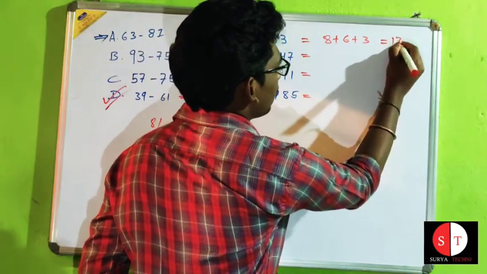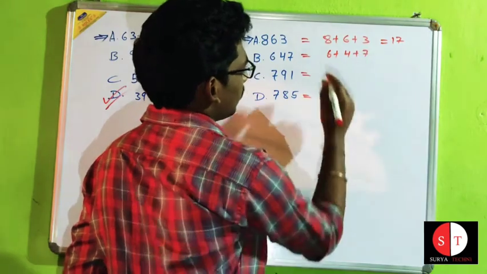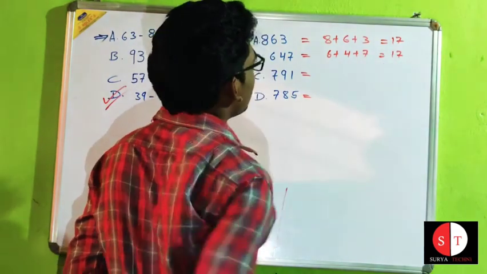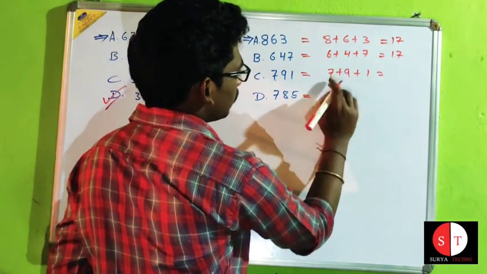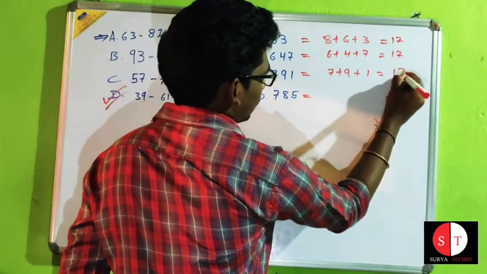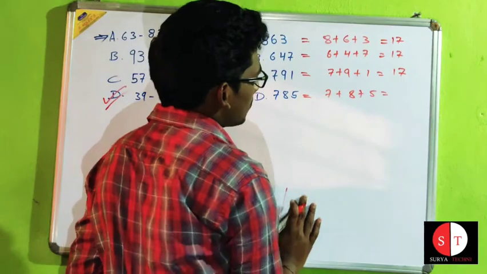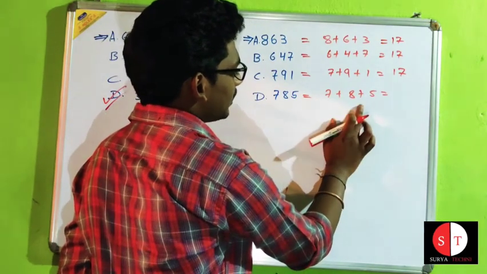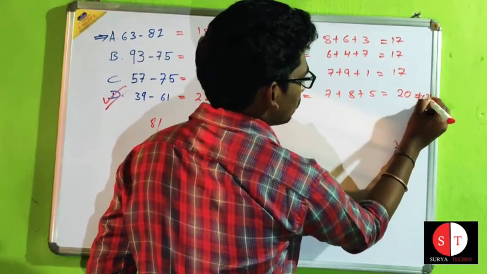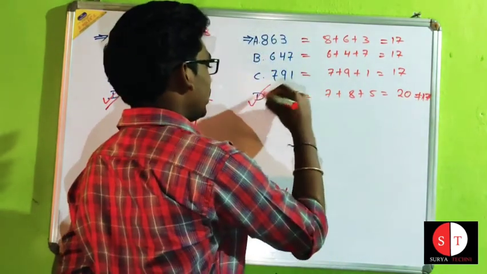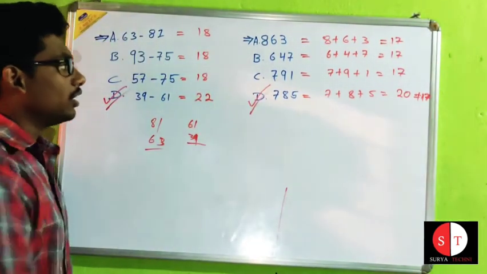That is 17. 6 plus 4 plus 7, 10 plus 7 equals 17. 7 plus 9 plus 1 equals 10 plus 7, 17. 7 plus 8 plus 5, 7 plus 8 is 15, 15 plus 5 is 20, not equal to 17. So option D is the odd one, the different one. Okay, without wasting any time, let's move forward.